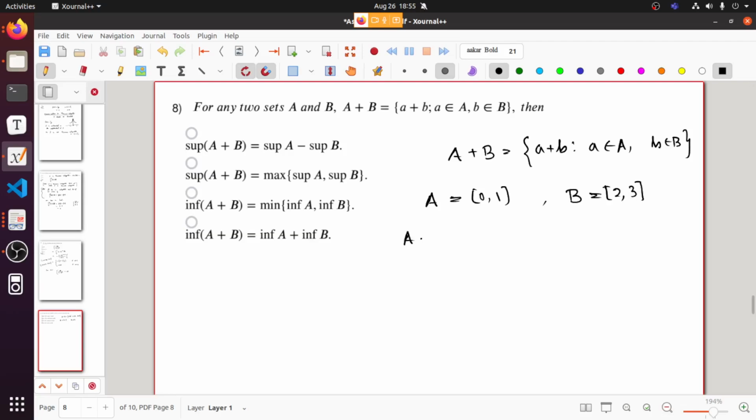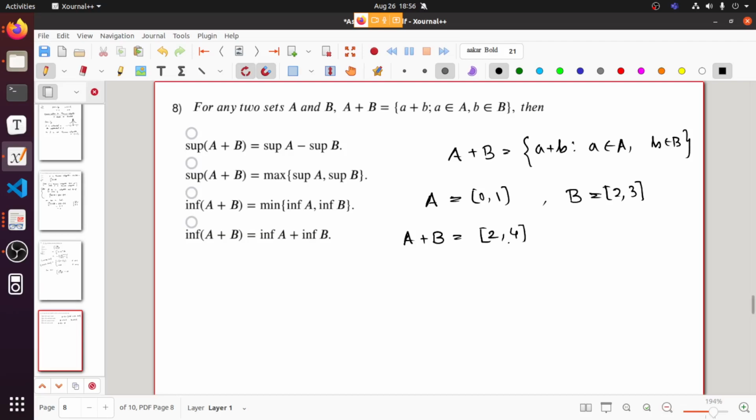Then what will be A plus B? This set means you have to add these two, right? So what will be this set? If you add 0 with 2, you will get 2, and 0 with everything in between and 3, you will get 3. So 2 is the least number you will get. And 1 added with 3, you will get 4.